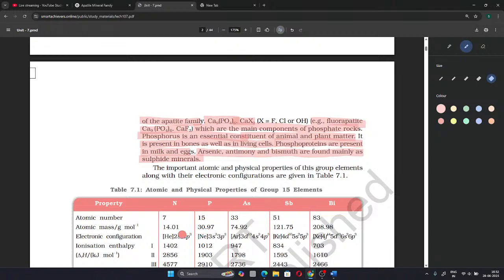So basically, in terms of minerals, it is found as a mineral of the apatite family, calcium salt family, which constitute the phosphate rocks. And phosphorus is an essential constituent of animal and plant matter. It is present in bones as well as living cells.